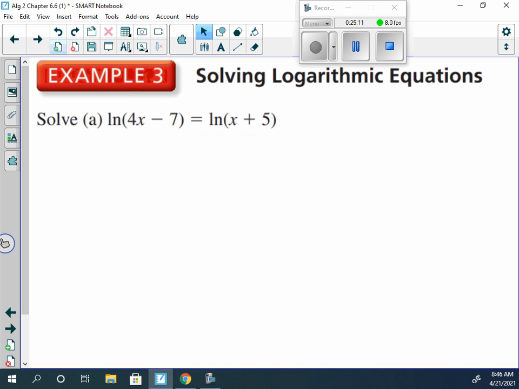Now, our other logarithmic property we covered on Monday was when we had a number to a logarithm, and the number that we have as the base and the base of the logarithm are the same. So it looked like b to the log base b. If we have this, then they simplify out.